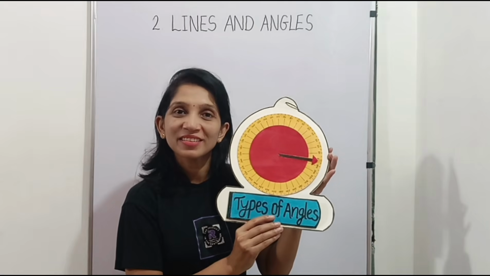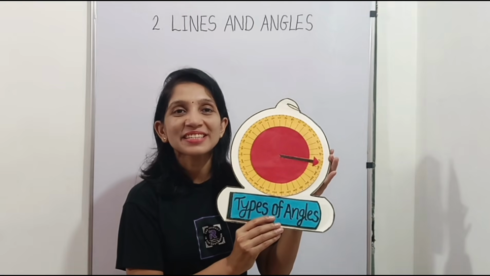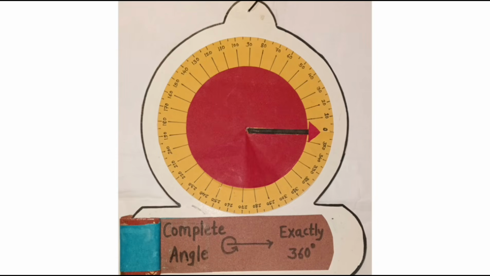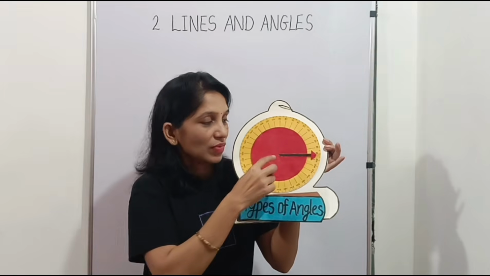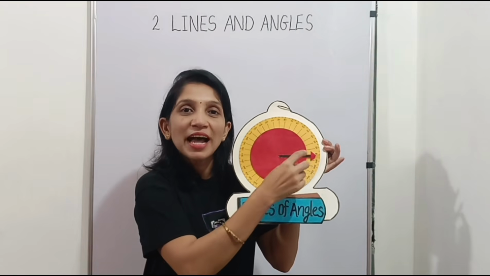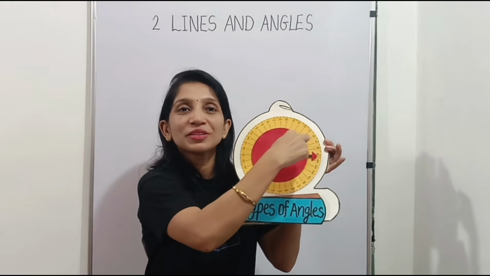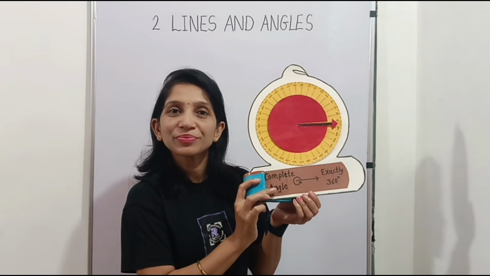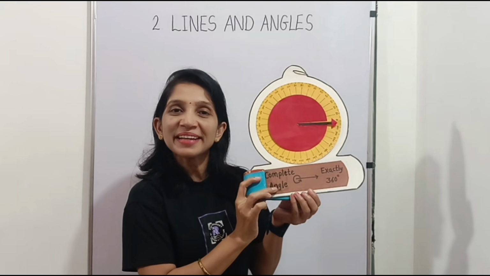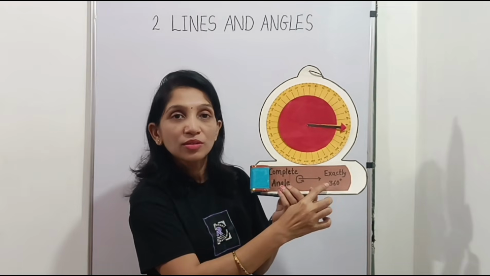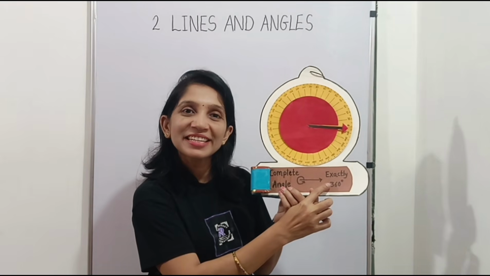Suspect 7, 360 degrees. Both arms have made one full round. Code name: complete angle. Rule: exactly 360.